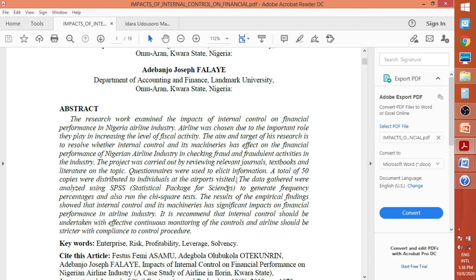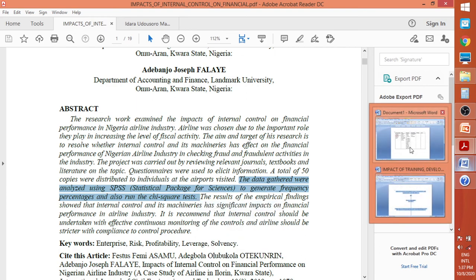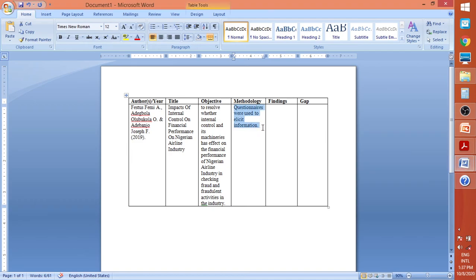Okay, that's what we're looking for. The software which they used was SPSS to generate frequencies, to generate frequency percentages and to run the chi-square. So I could just pick this to the last sentence and paste it on my article review here.